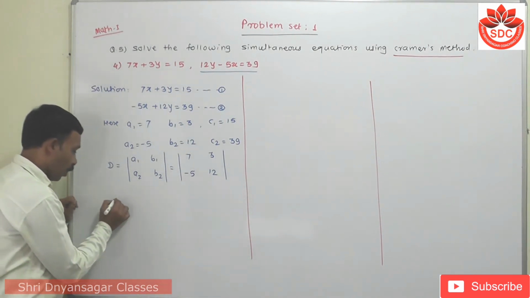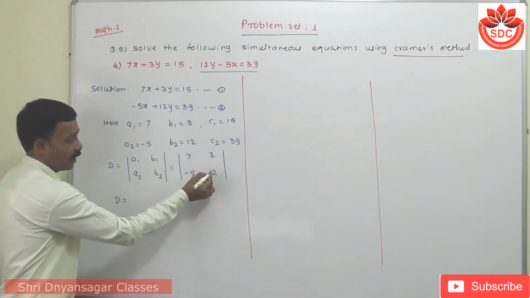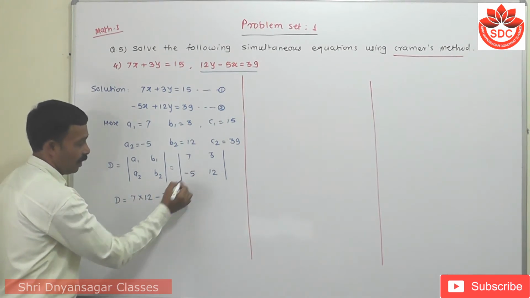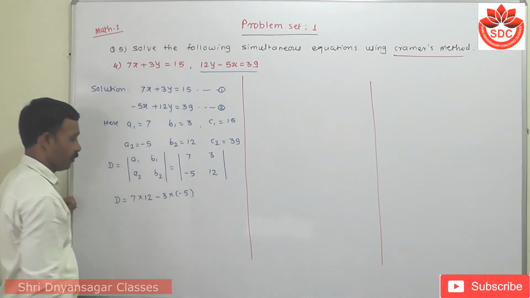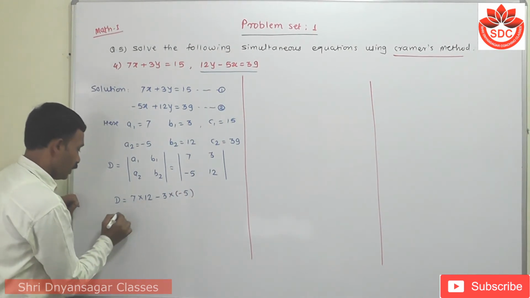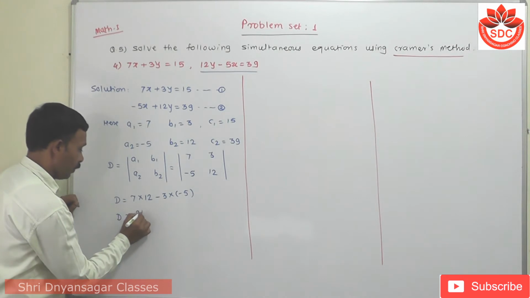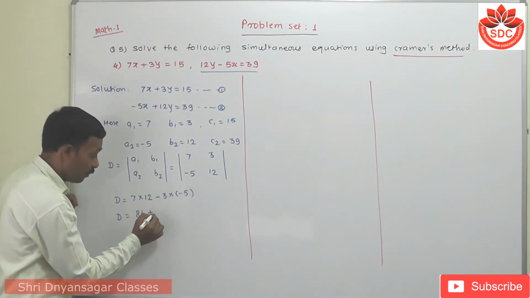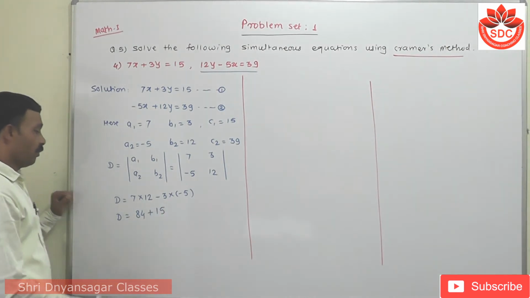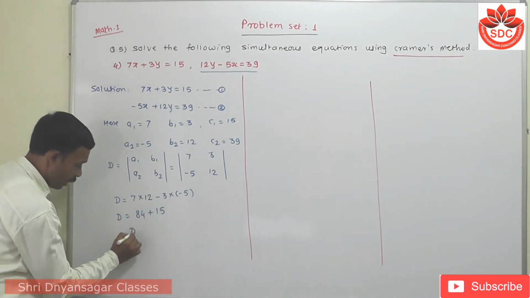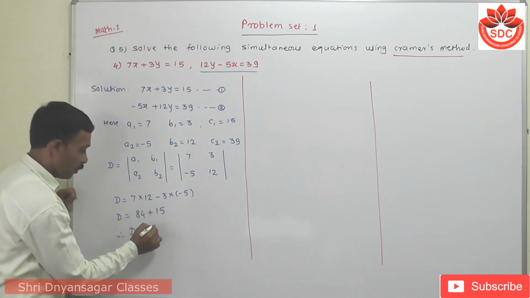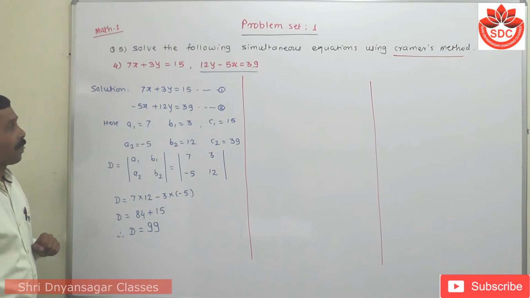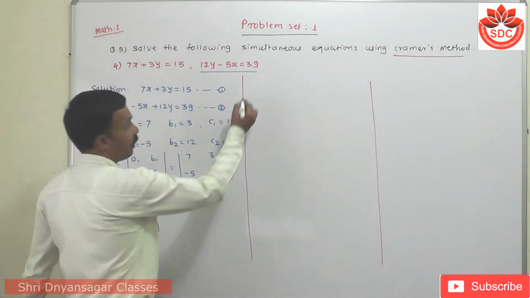Then the product of it is equals to, first 7 into 12 minus 3 into this minus 5. 12 7s are 84. Minus minus plus, 3 5s are 15. Okay, we have to add these two. Therefore, the value of determinant is 99. Then we have to find out the value of determinant of x.